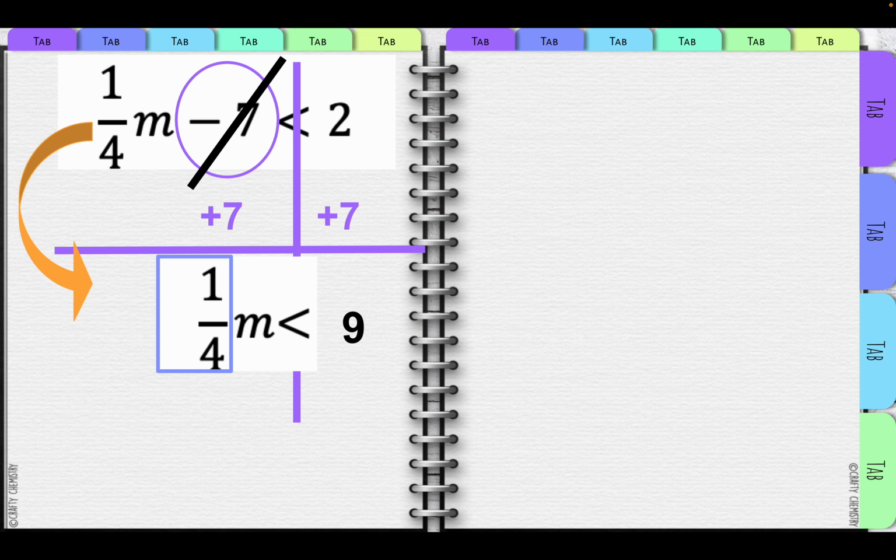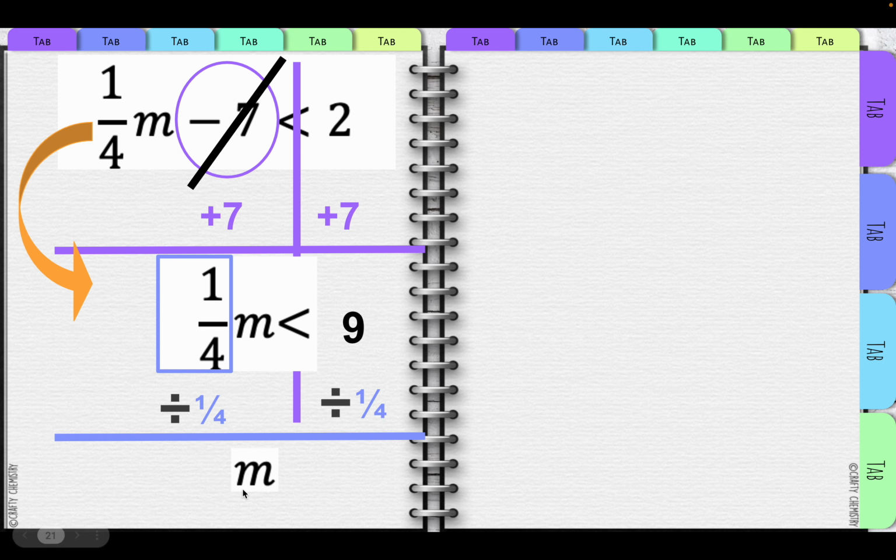Then I have to undo my coefficient. My coefficient is 1/4. 1/4 m means 1/4 times m. The opposite of times is dividing, so I'm going to divide by 1/4. Then I'm going to use my handy dandy calculator. 1/4 divided by 1/4 is 1, so this just gives me 1m.